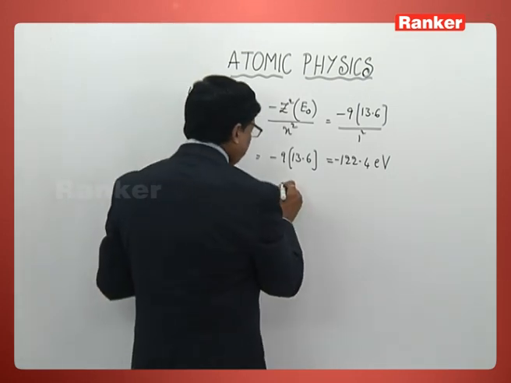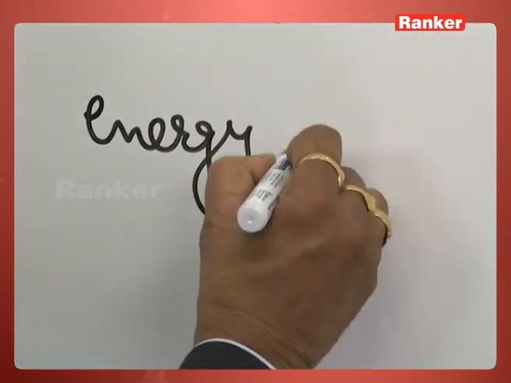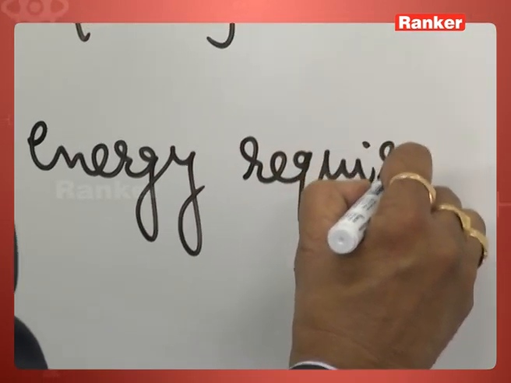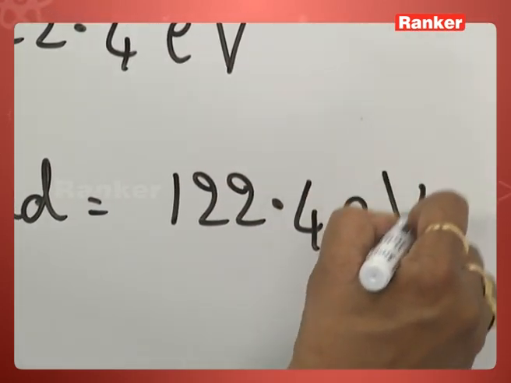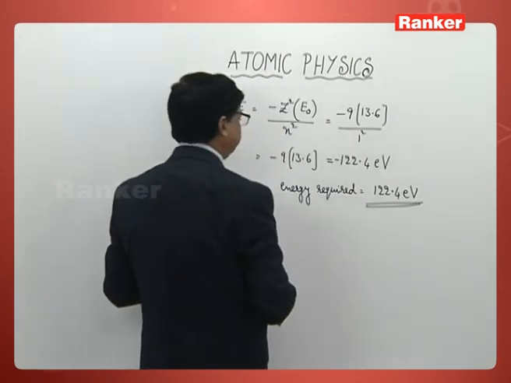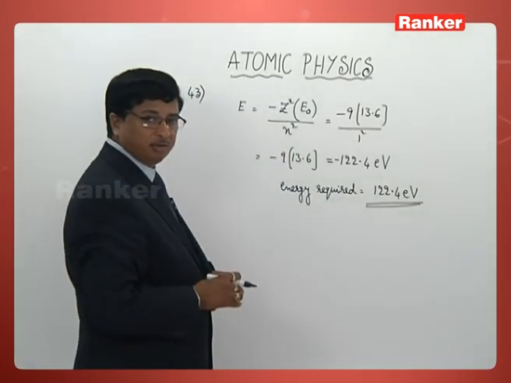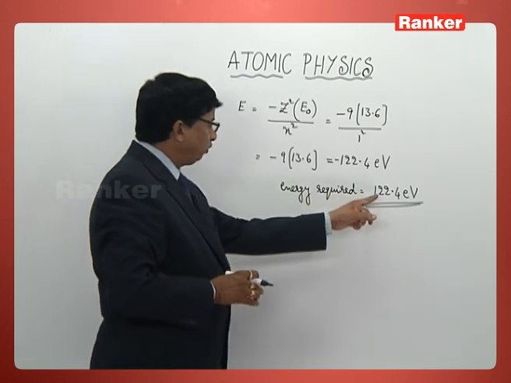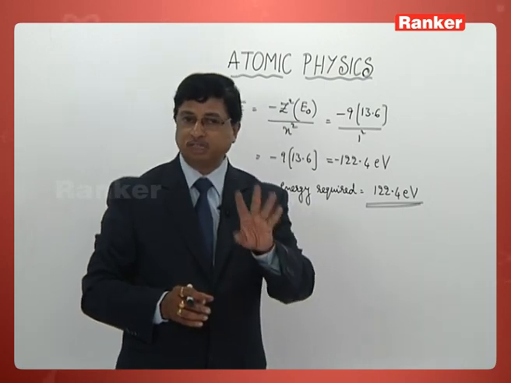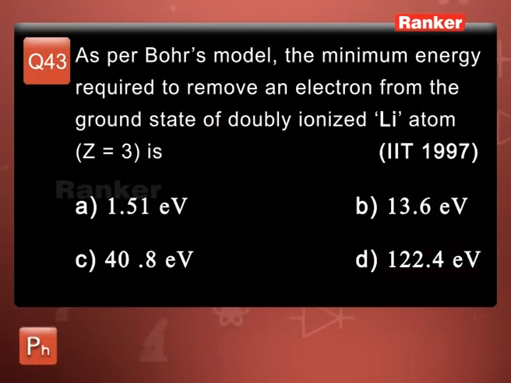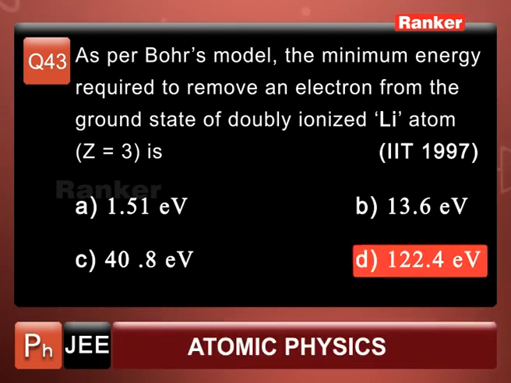So the energy required is going to be 122.4 electron volt. That is the correct value. Alright, so 122.4 electron volt coincides with the fourth option out of all the four. So automatically we can take it that the answer here is D. The fourth option is 122.4 electron volt. So that is the energy that is needed.